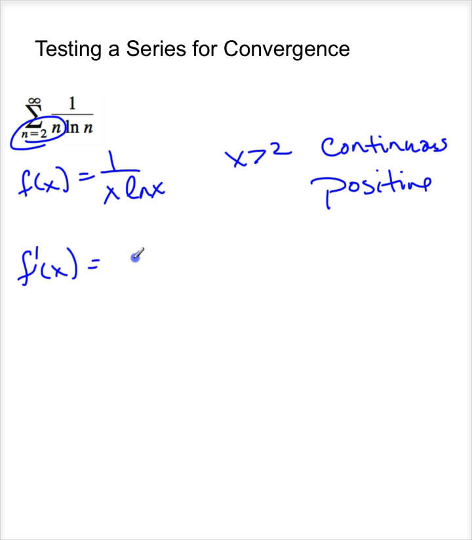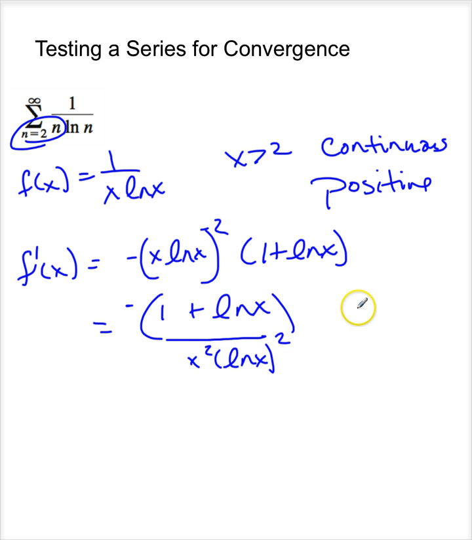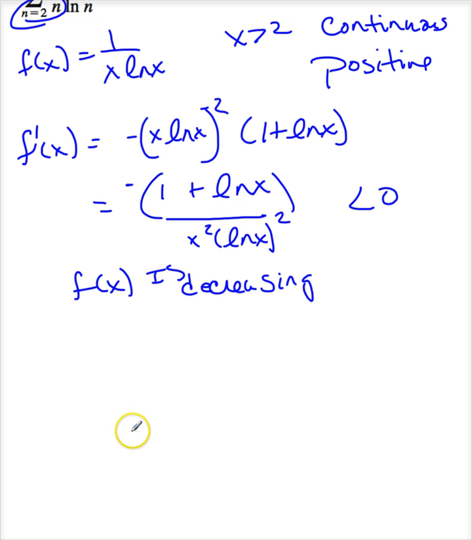F prime of x is minus 1 plus log of x, divided by x squared log x squared. I've got this great big minus sign out here. And this is always negative, so f of x is decreasing. So it satisfies the 3 conditions to do the integral test.